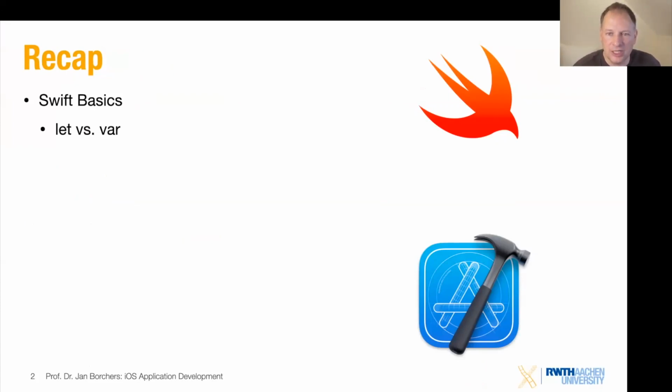They're not supposed to change. And if that's the case, then you kind of ingrain that into your code by using a let constant instead of a var variable. We also talked about type inference. So it's a very good programming style in Swift to initialize a variable to some value and let Swift figure out what the type is automatically.